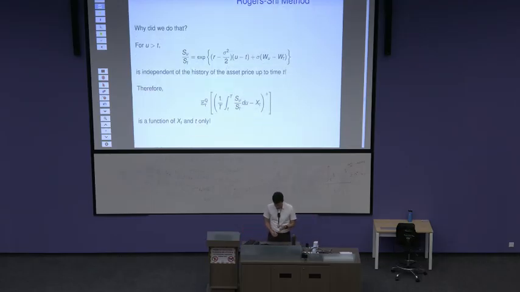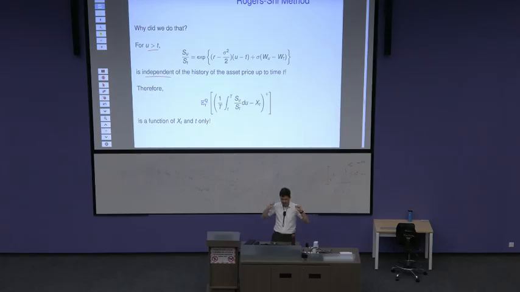So why did we do that? That's just a summary of what I explained on the previous slide. If we have u being larger than t and we divide by S_t, we get an object that is independent of the history. So S_u divided by S_t is independent of the history. So the expected value we consider does not depend on any previous values.